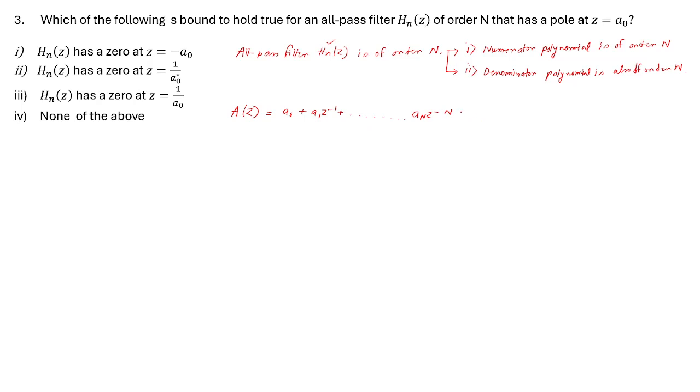Why? Because these coefficients are actually the impulse response of Az, and this corresponds to non-negative time index, since it's a discrete time filter, that is an is 0 for n less than 0.